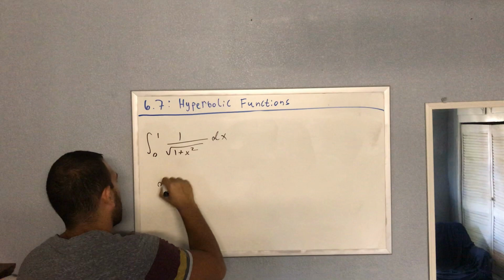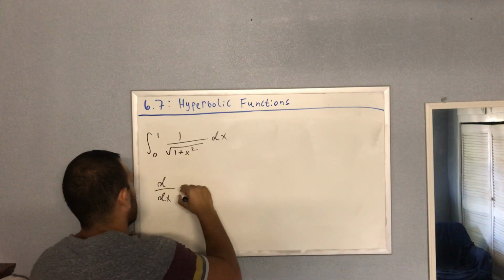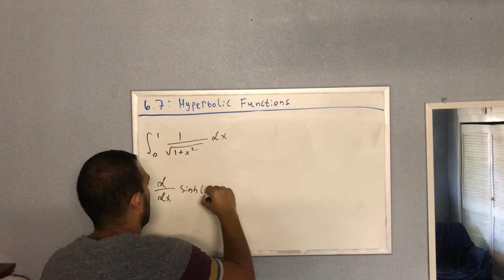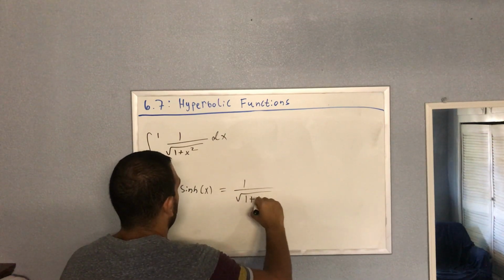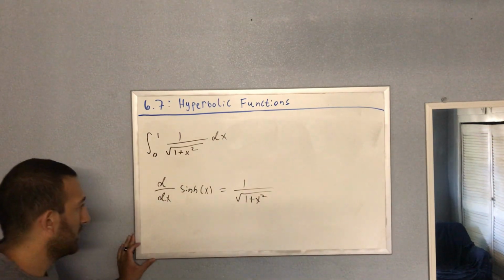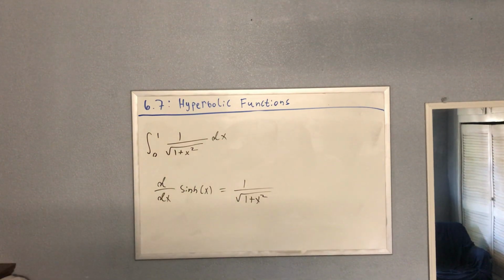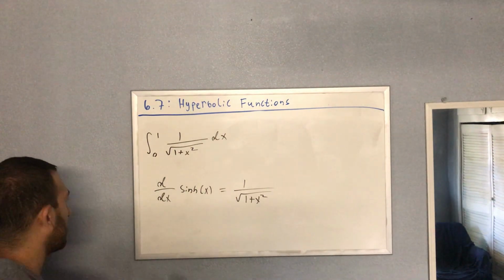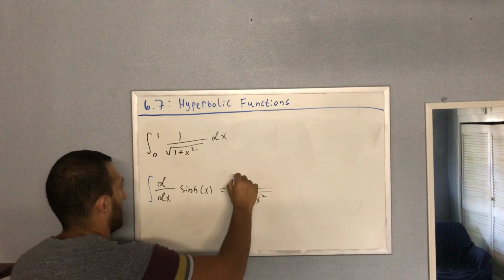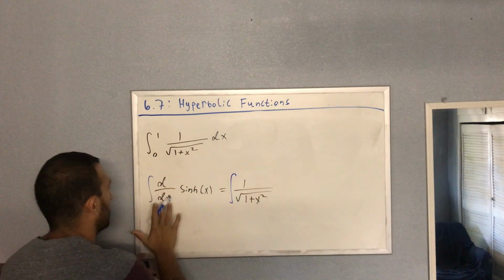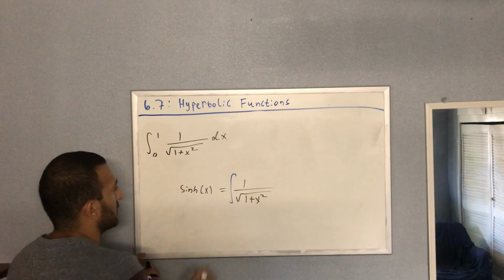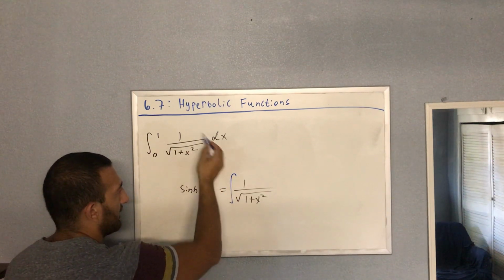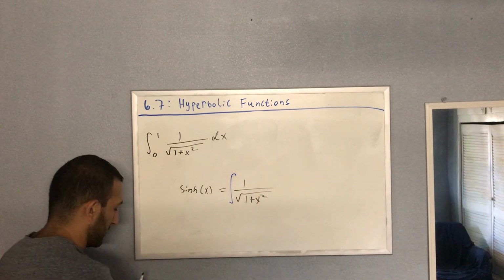And recall that in a similar fashion, the derivative here was that. And so meaning again, if we take the integral of both sides, the derivative cancels out here, right? Integral and derivative cancel out. So you know that the integral of this guy is just sine h.